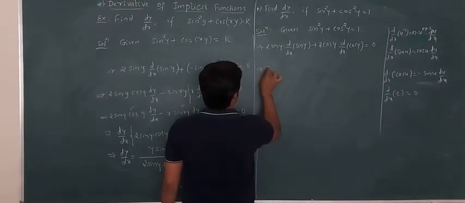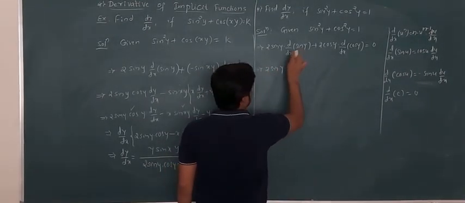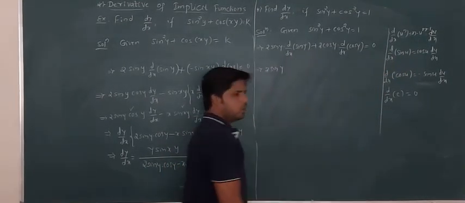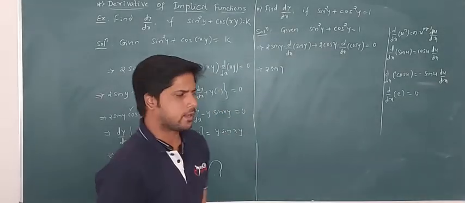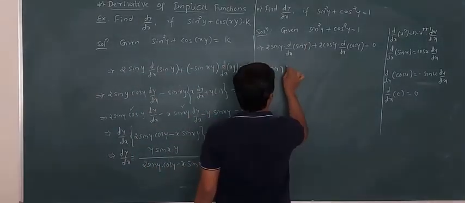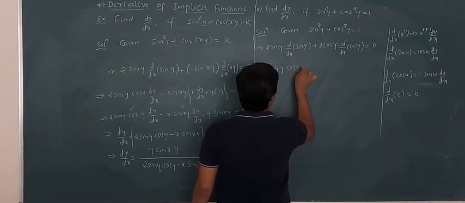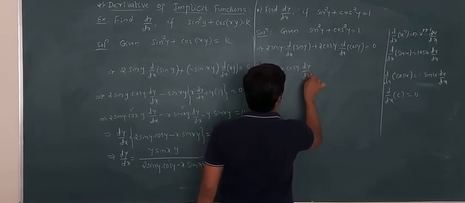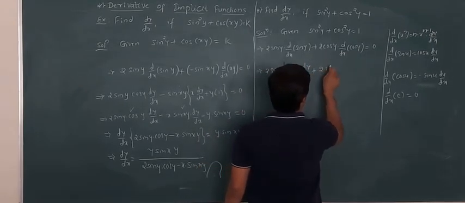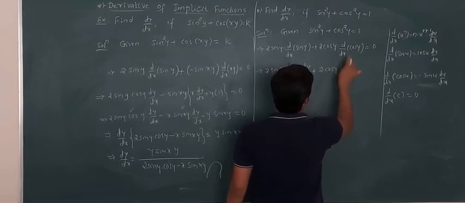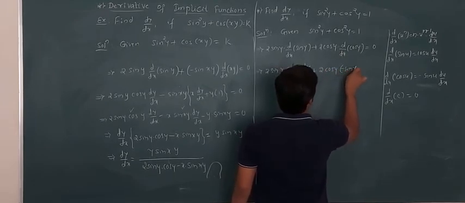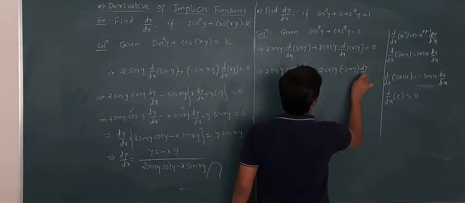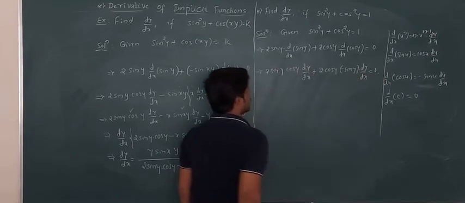So simplify: 2 sin y and differentiation of sin y. Comparing sin y and sin u, in place of u we have y. So therefore differentiation of sin y is cos y into dy by dx, plus 2 cos y as it is, and differentiation of cos y is minus sin y into dy by dx, is equal to 0.